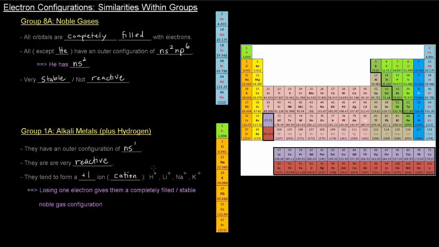So H forms H+, Li forms Li+, Na forms Na+, potassium K+. They do that because losing one electron gives them a completely filled, stable noble gas configuration. So they all have similar reactivity because of their similar electron configuration.